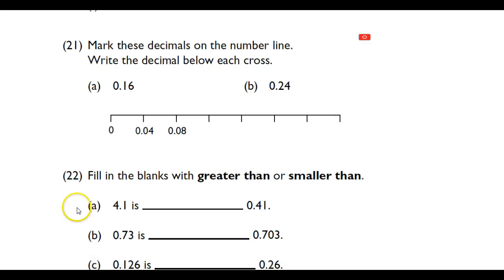Okay, let's go to number 21. Mark this decimal on the number line. Write the decimal below each cross. 0.16. Okay, this one I believe leaps by 0.04 and then 0.04, and this one must be 8, right?